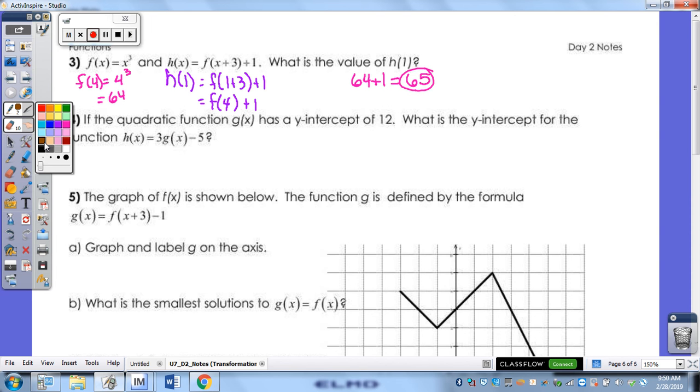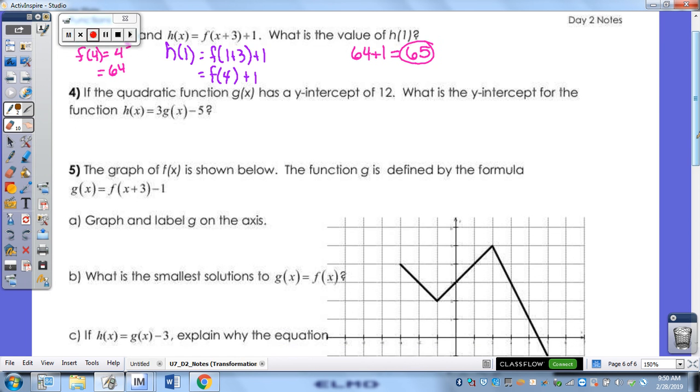So number 4, if the quadratic function g of x has a y-intercept of 12, what is the y-intercept for the function h of x, which is 3 times g of x minus 5? Well, y-intercept, what is the value of x in a y-intercept?